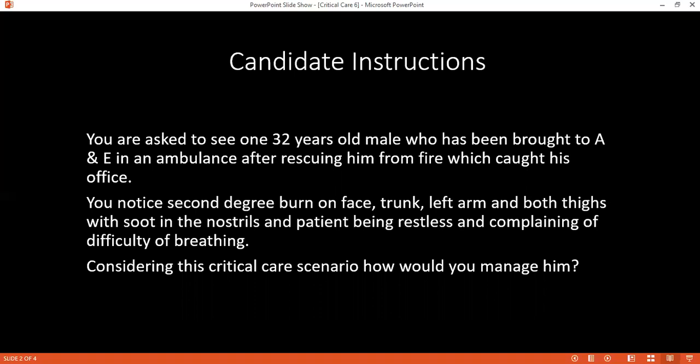First thing is the surface area. Then facial involvement, facial burn, and the genitalia. If you tell me the surface areas, how much should the surface area be for a child, for elderly, and for adults in order to be admitted to the burn unit?